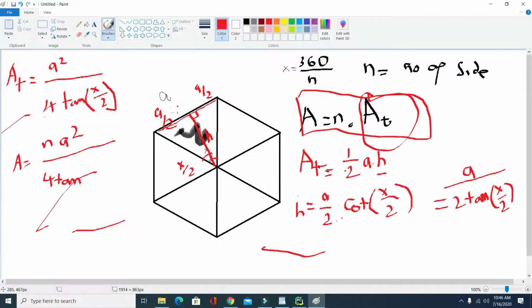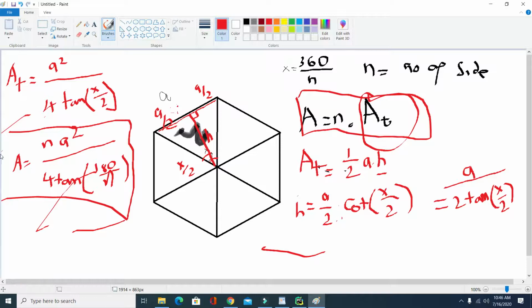Okay, so X is 360 over n, and that divided by 2 is gonna be 180 over n. Okay, so that's the final formula. Alright, that's the final formula for calculating the area of the polygon, an equilateral triangle. So yep, that's how it is.